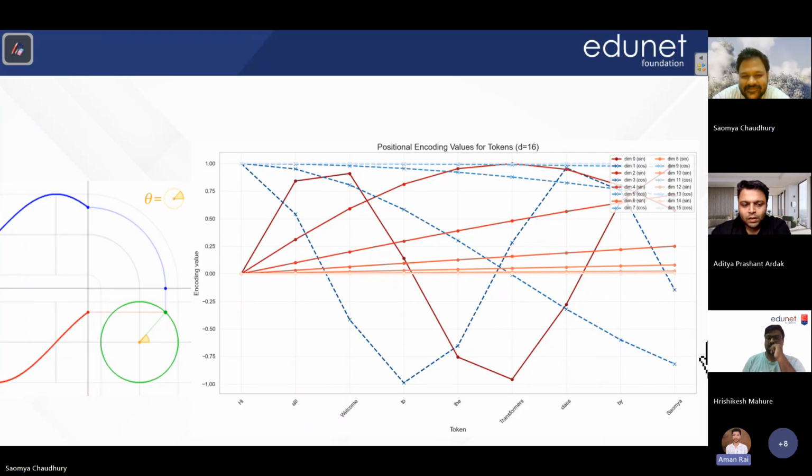So we can see that from this picture, the dimensions are circulating from -1. Right, exactly. Perfect.